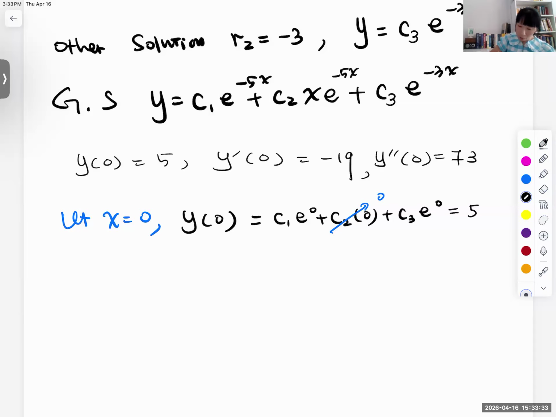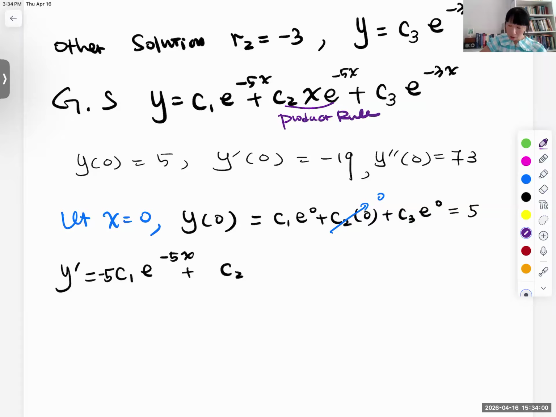y prime. So let us do that. y prime equal to c sub 1 e to the negative 5x, and then multiply by negative 5, plus c sub 2. Oh, this is the product rule, right? So fg equal to f prime g plus f g prime.